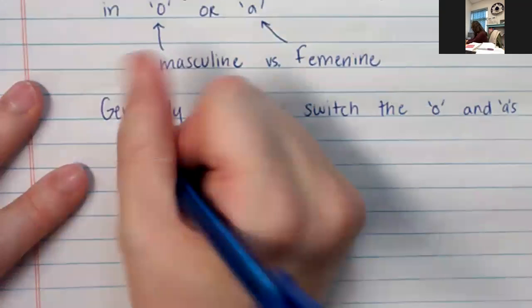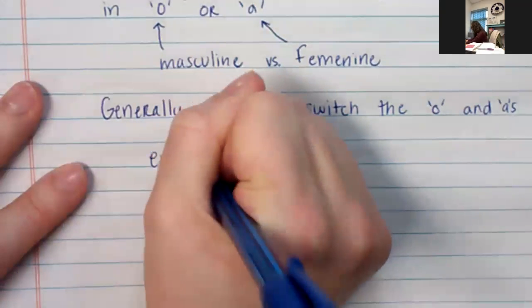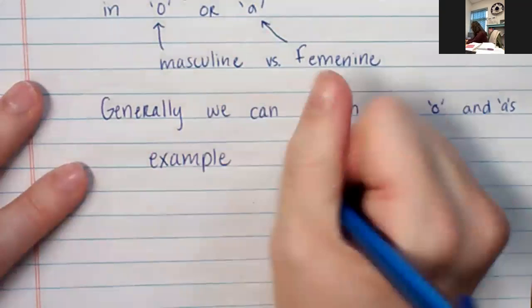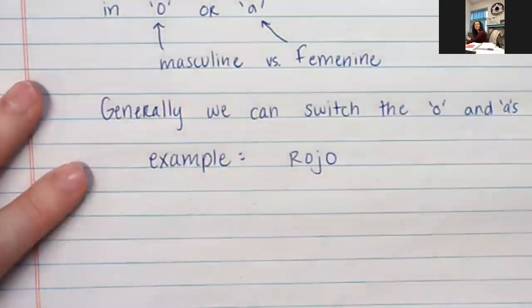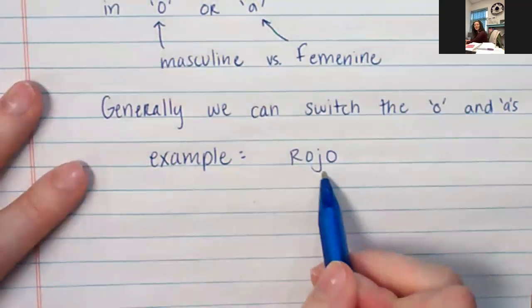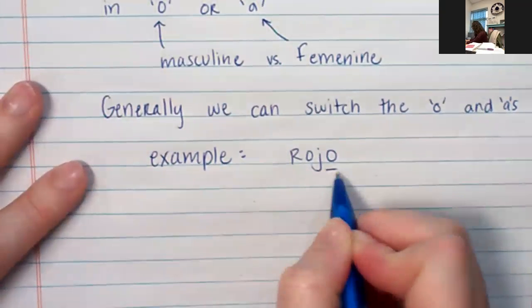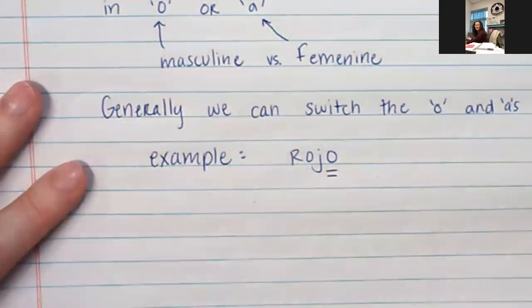So an example of this could be the word red, or rojo. As it's written right now, because it ends in an O, it is masculine.